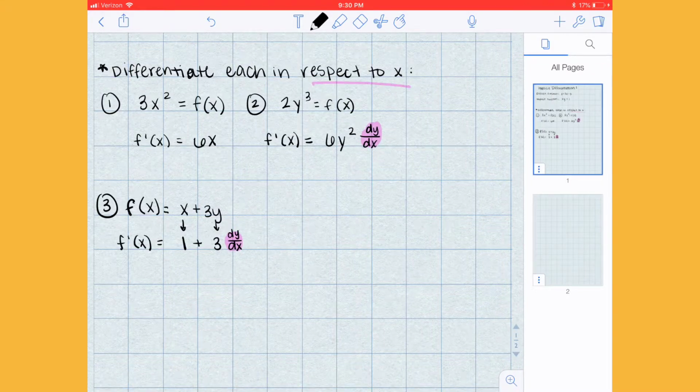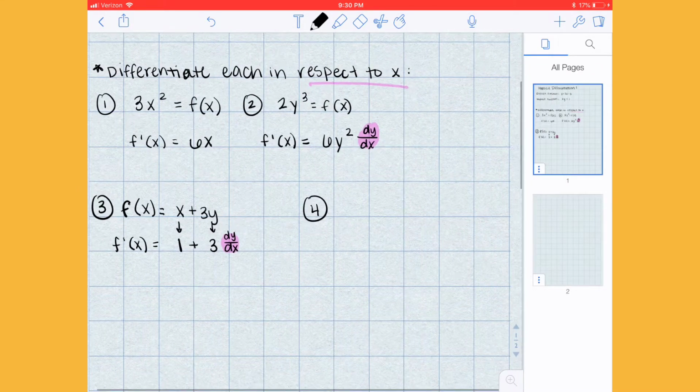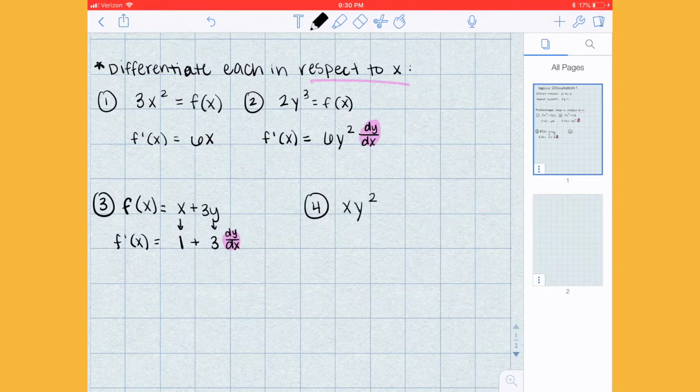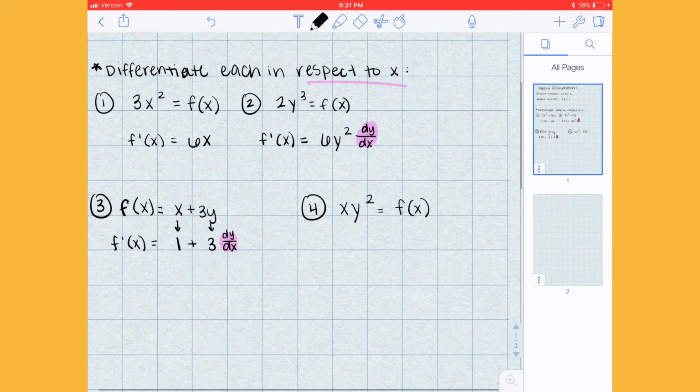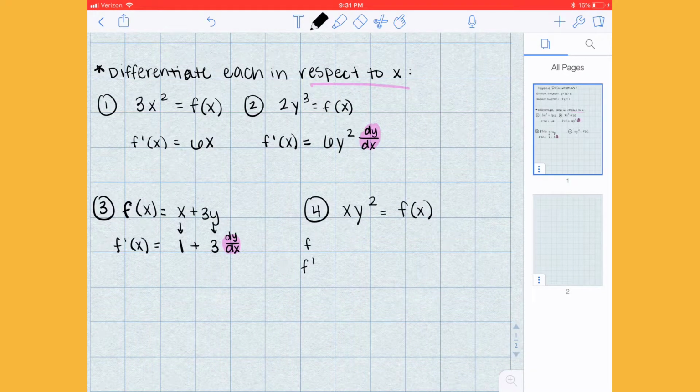Okay? And looking at one more, let's say I have xy squared. This one's a little tricky, right? Because this is actually product rule. So I'm going to go off to the side. I'm going to do my f, f prime, g, and g prime. f is x, so f prime is 1. g is y squared, so g prime is 2y dy over dx, because I took a derivative in respect to y.